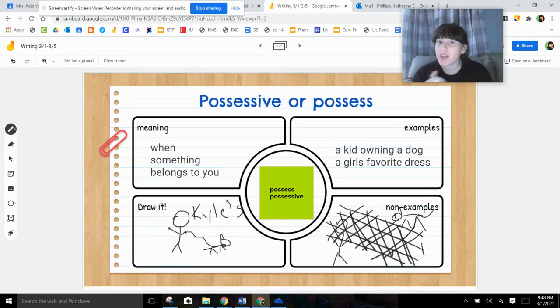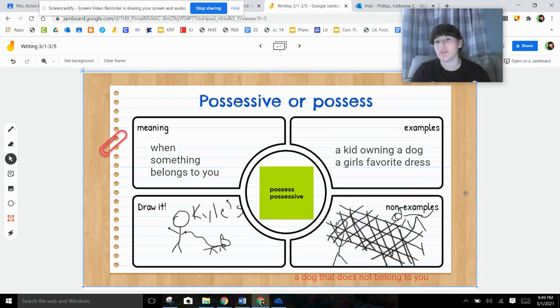You can draw a picture of a non-example, or if you want to type non-examples, you can do that too. Let's do red so it stands out from the black. A non-example would be a dog that does not belong to you. It could be a dress that doesn't belong to you. Those are perfect examples of non-examples: things that you don't possess, things that don't belong to you.